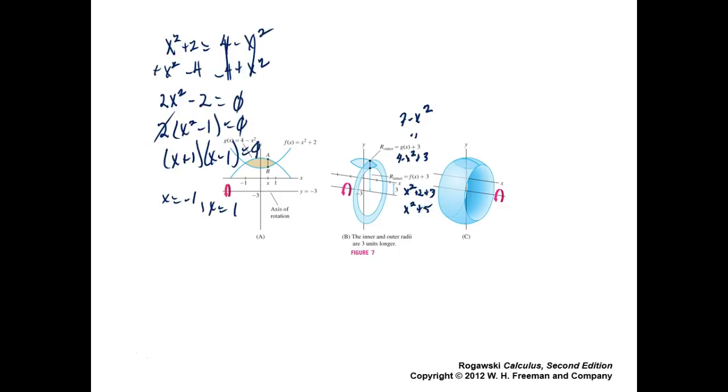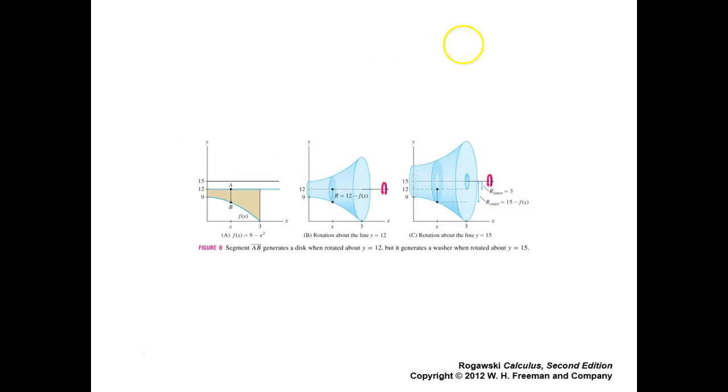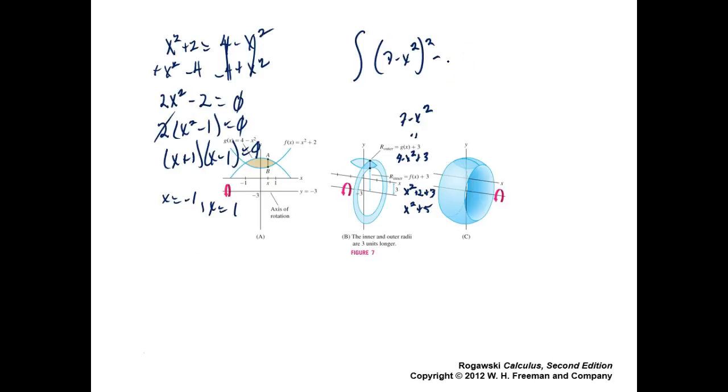That's the inner radius. So your integral here, that you're integrating from minus 1 to 1, this is the ring. The area that's in there would be 7 minus x squared, squared, minus x squared plus 5, squared.